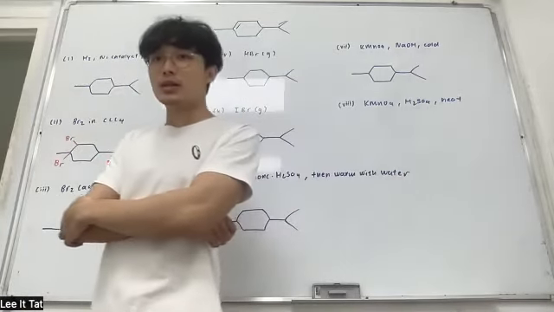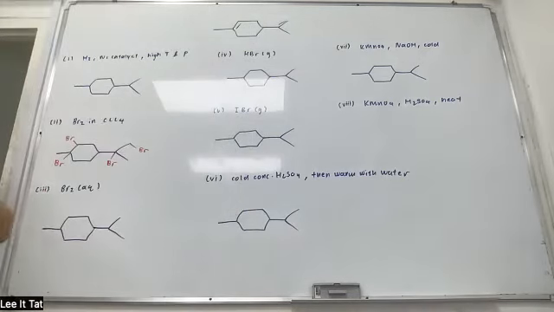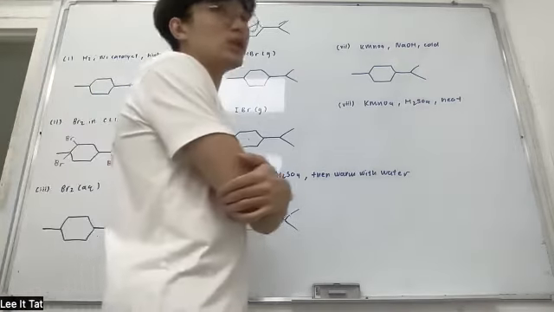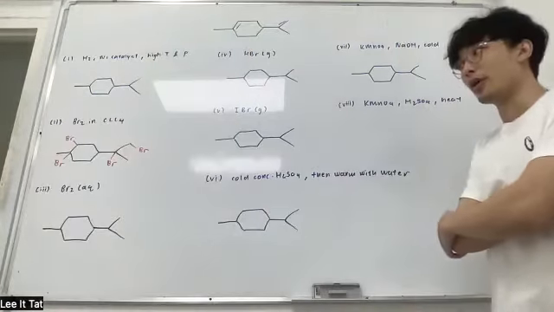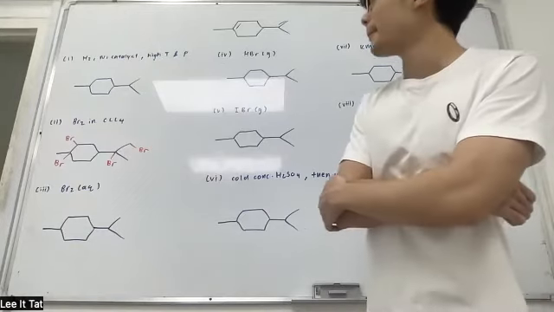For Br2 aqueous, we need to be careful with the Br and the OH. Refer to what we did just now. How do we form the major product? Where does the OH go and where does the Br go?